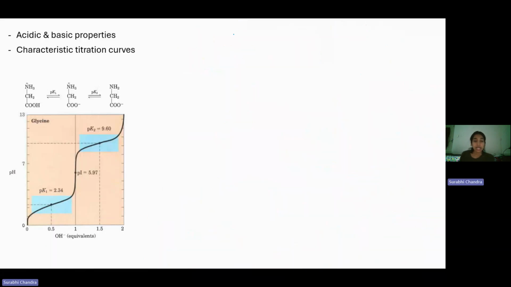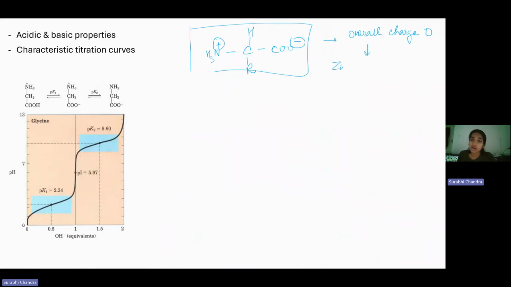Now, when any amino acid exists in this form, wherein each ionizable group is charged but the overall net charge of the amino acid is 0, this is called a Zwitter ion.